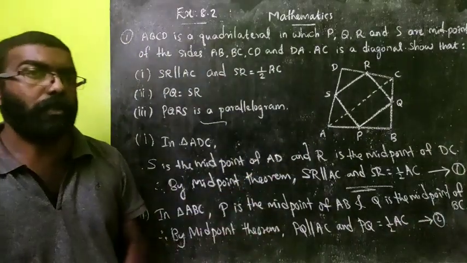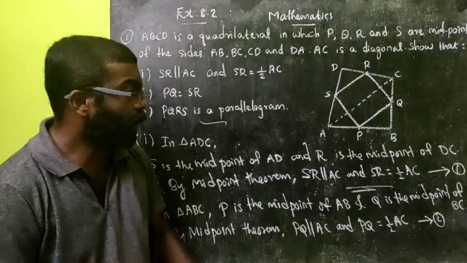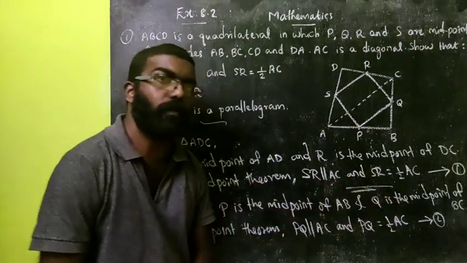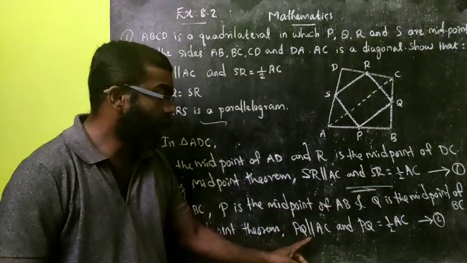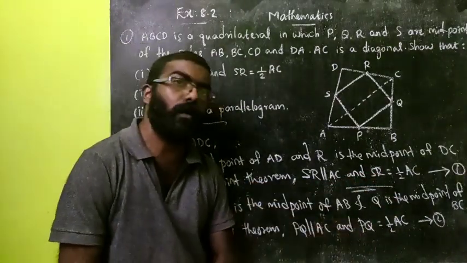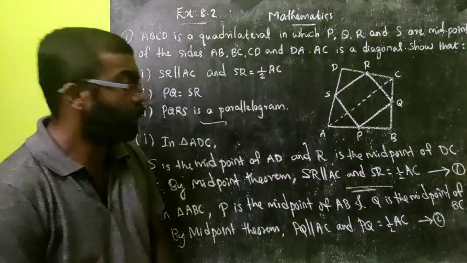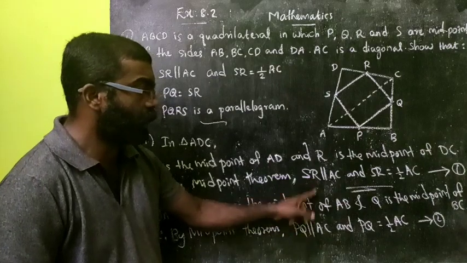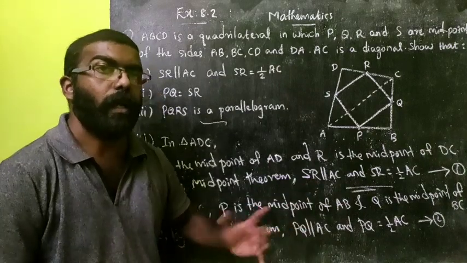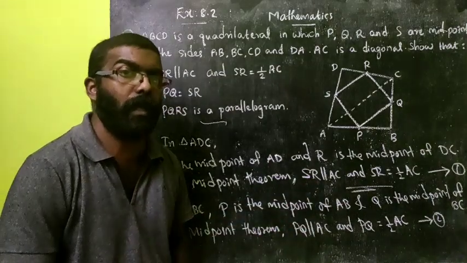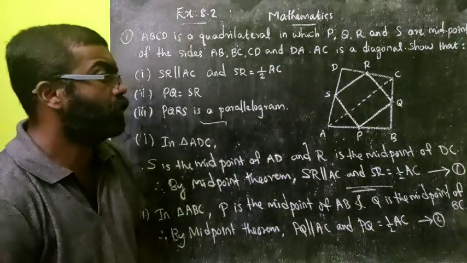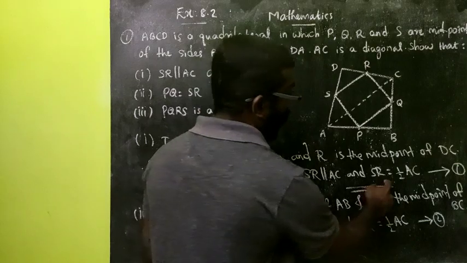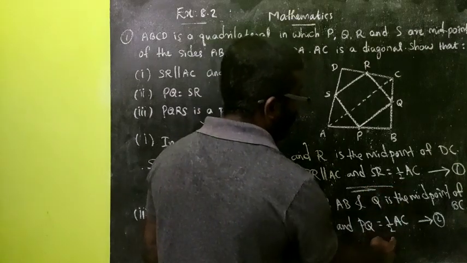Now we can combine these two equations. In equation 1, SR parallel to AC, SR equal to half AC. Here PQ parallel to AC and PQ equal to half AC. So what can we conclude? SR parallel to AC, PQ parallel to AC. So SR parallel to PQ. Lines which are parallel to the same line are parallel to one another. Here SR equal to half AC, here PQ equal to half AC.